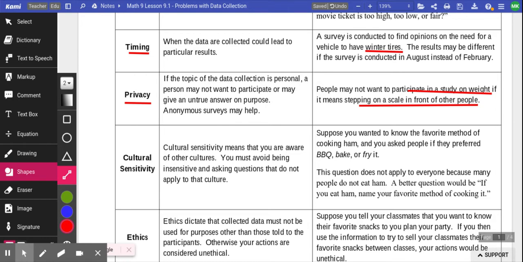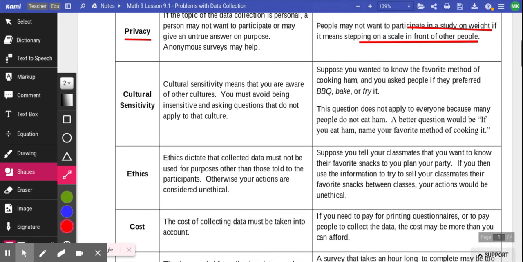Okay, cultural sensitivity. So cultural sensitivity means you have to be aware of others' cultures and their beliefs. So for instance, this question talks about if you ask people their favorite way to cook ham, and that was the question. You said, okay, what's your favorite way to cook ham? And you gave them 3 options. You could barbecue it, bake it, or fry it. The problem is some people might not eat ham.